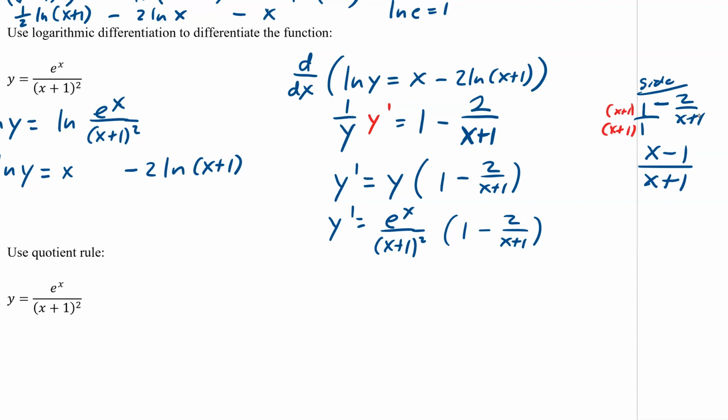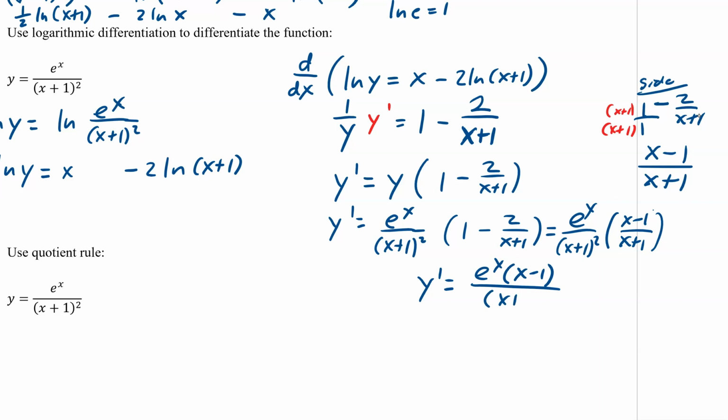Right? So here's the reason that we do this. So this is now e to the x over x plus 1 squared, and then x minus 1 over x plus 1. You see the bottom now becomes a cubed. So we end up with y prime equals e to the x, x minus 1 over x plus 1 cubed.